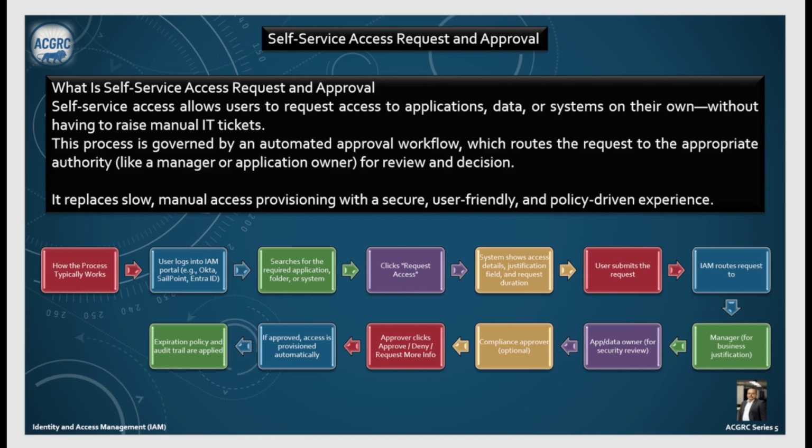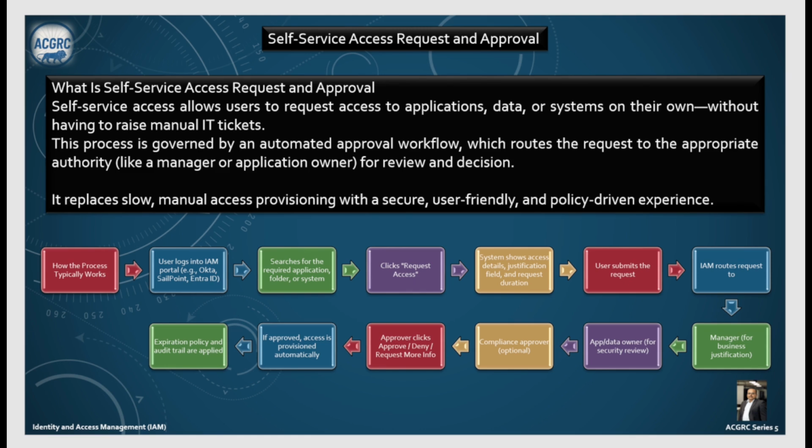Now, let's look at self service access request and approval. What is self service access request approval? Well, self service access allows users to request access to applications, data, or systems on their own without having to raise manual IT tickets.